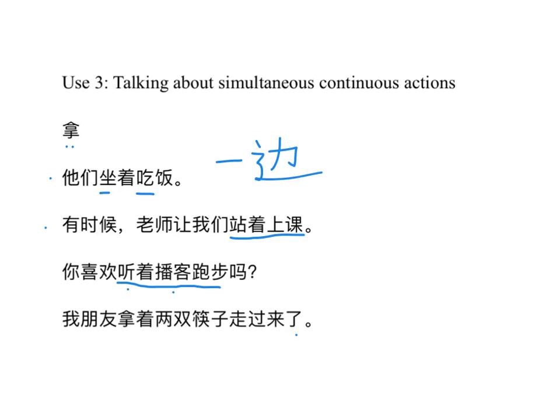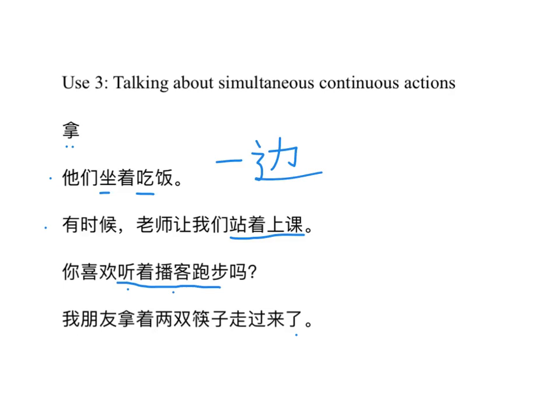The running is the main thing that you're doing. 听着播客 is kind of background. 我朋友拿着2双筷子走过来了. Main verb 走过来. 拿着2双筷子 is telling us more information. So we can see that oftentimes, typically, when we do this, we are talking about one thing being the main thing and the other thing being the secondary thing.